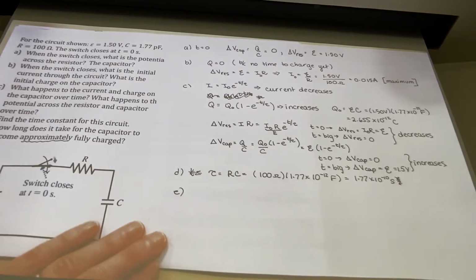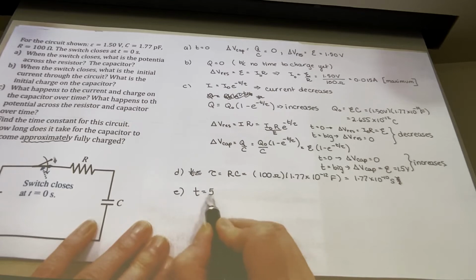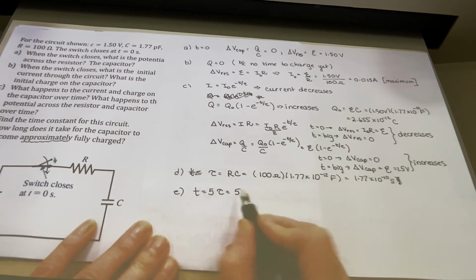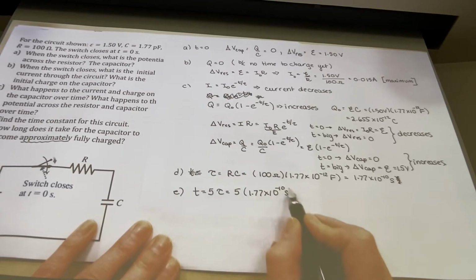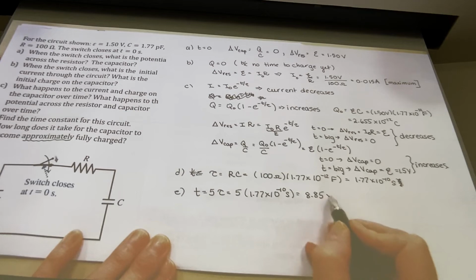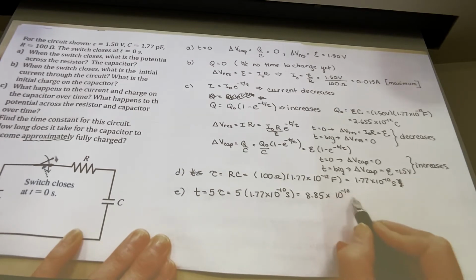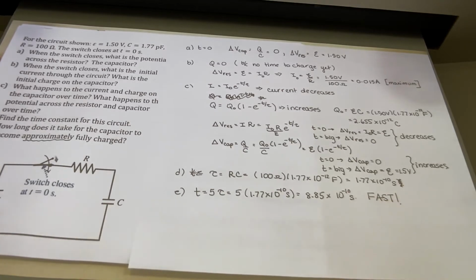But anyway, if it just says fully charged, it means 5 time constants. So t equals 5 tau, 5 times 1.77 times 10 to the minus 10 seconds, to give us 8.85 times 10 to the minus 10 seconds. And I would say that this happens very fast.